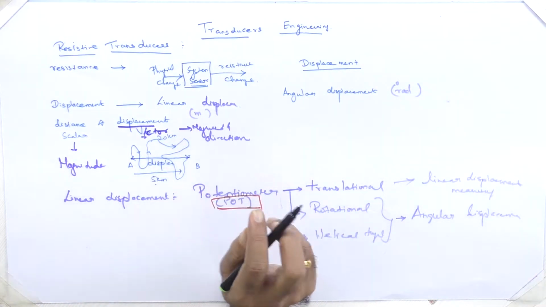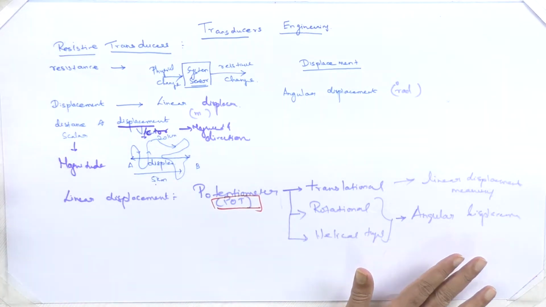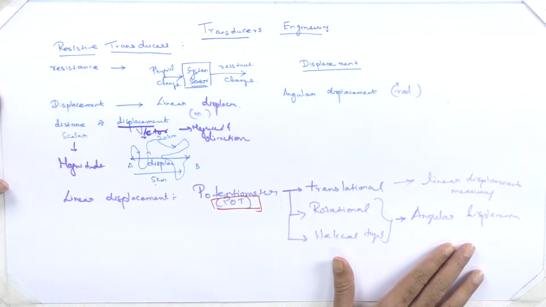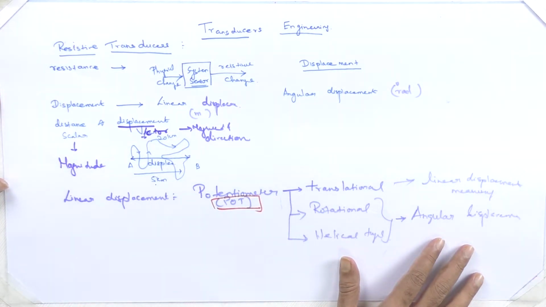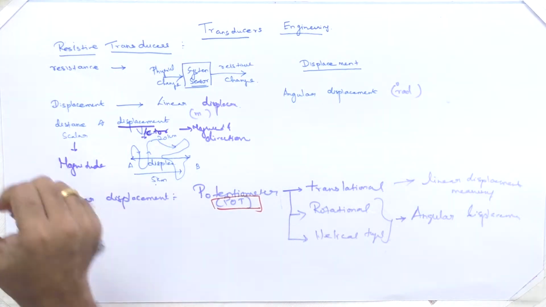First I will show you an experimental demonstration of how resistance varies with respect to a change of a physical quantity, displacement, that is linear displacement, and we are going to get introduced to a linear changing potentiometer.